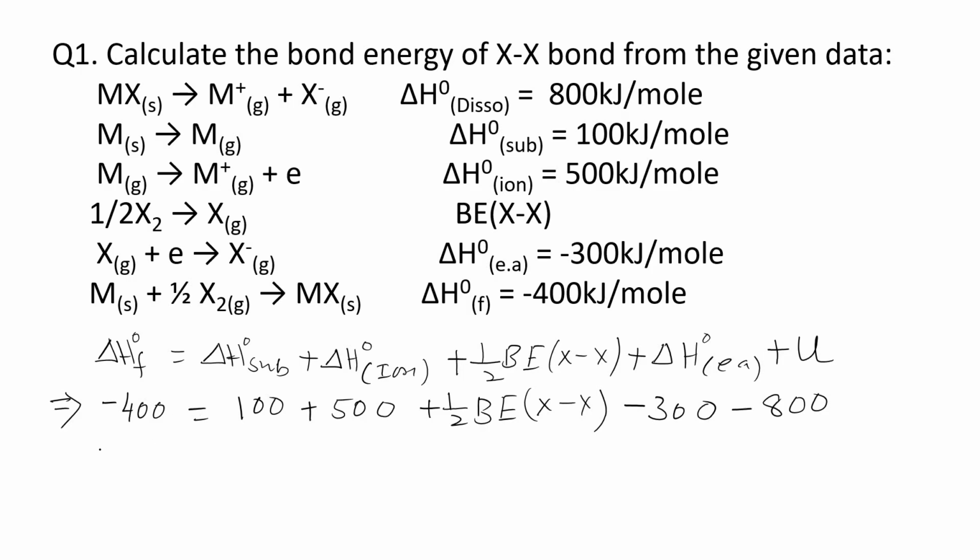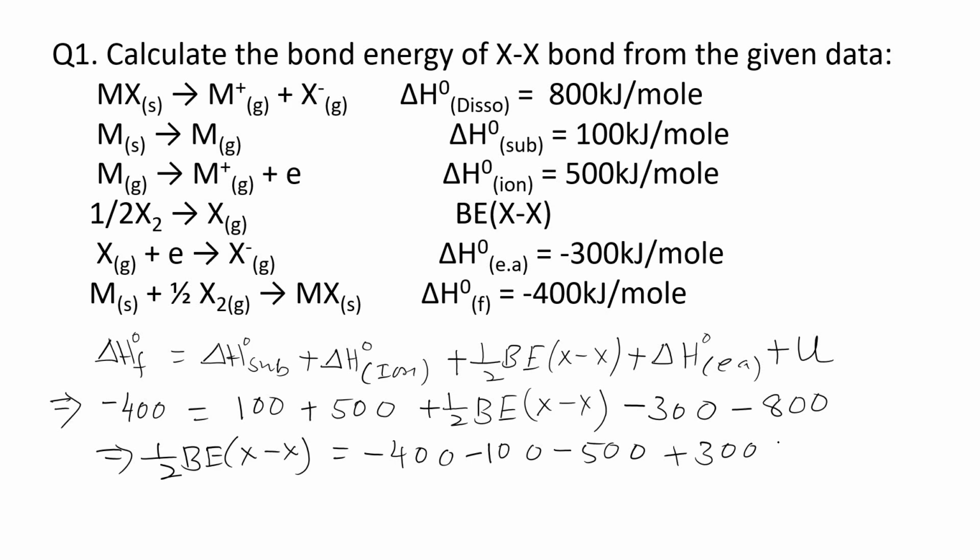So therefore, if I calculate this one, half bond energy of the XX bond will be equal to minus 400, and then going this side, minus 100, minus 500, then plus 300, plus 800.